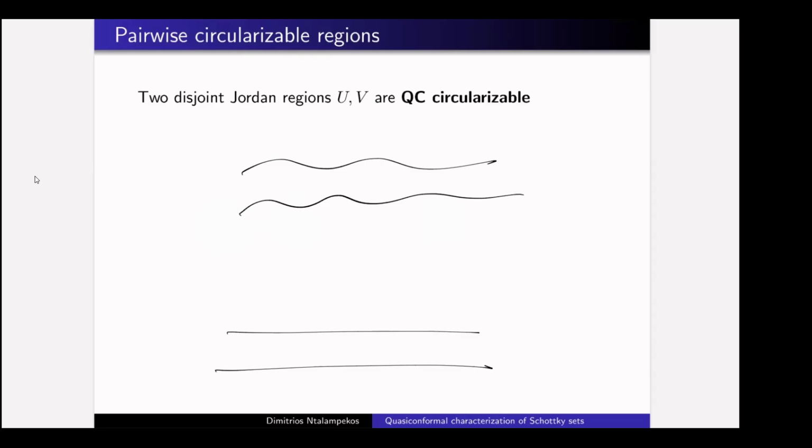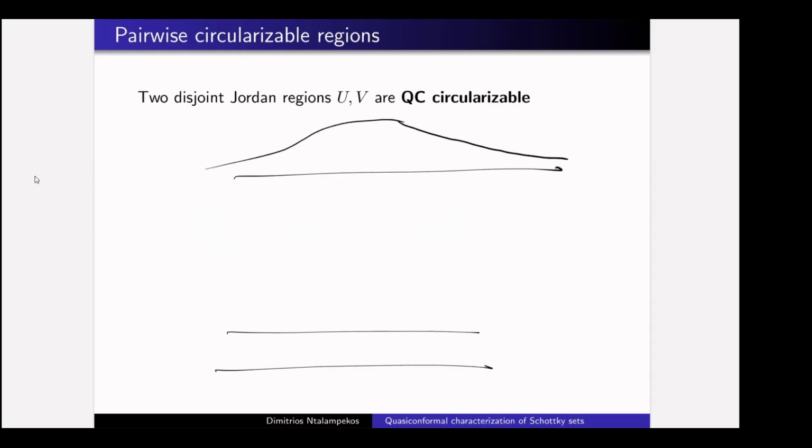If one of them is a straight line, let's say the other one is a graph of a function. If it's a power function, then based on the computations I did, if they are correct, it can be quasi-conformally transformed. If it's exponential, then no. Of course this is not a surprise, but even these examples are not easy to work out.